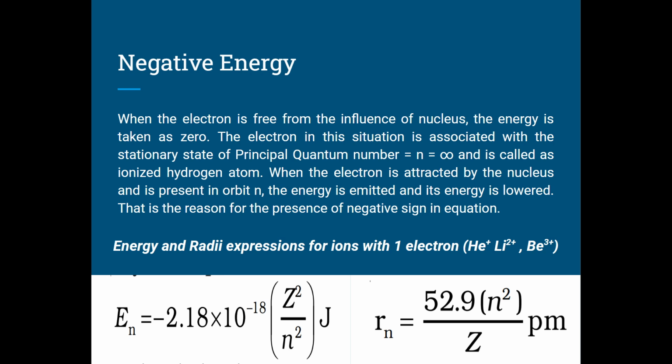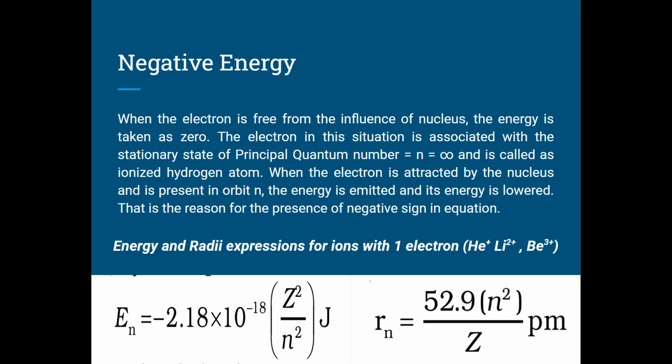Now when the electron is attracted by the nucleus and is present in orbit n, energy is emitted and its energy is lowered. When your electron is free from the influence of the nucleus, so far from the nucleus that there is no attraction towards the electron, that particular orbital is called n equals infinity, and at that stage the energy is zero.